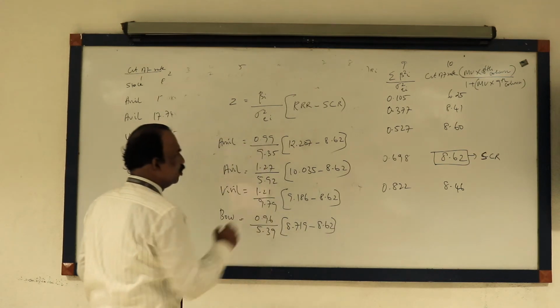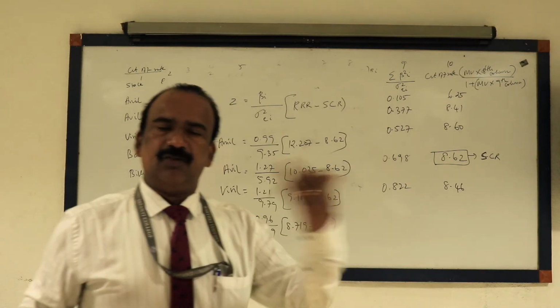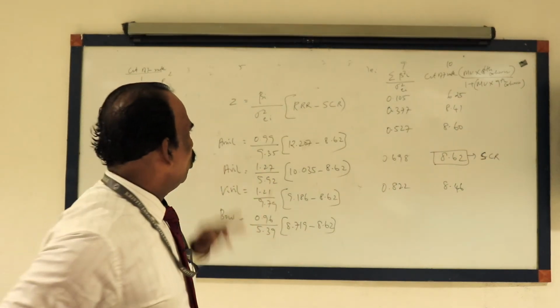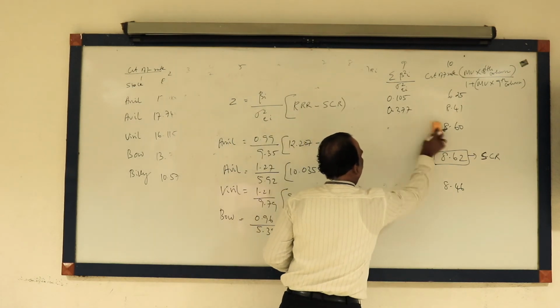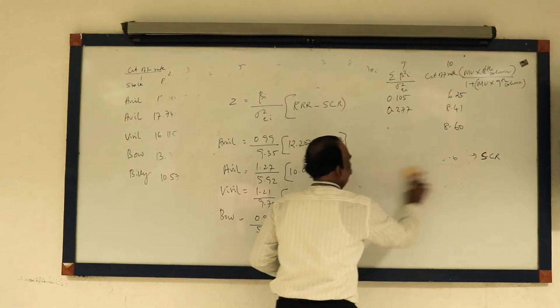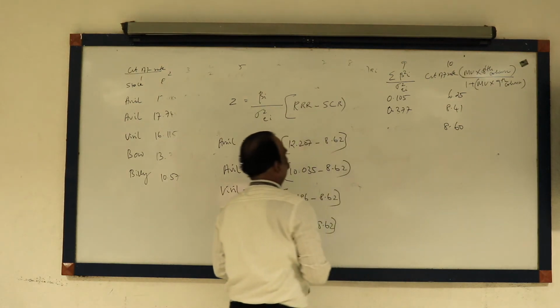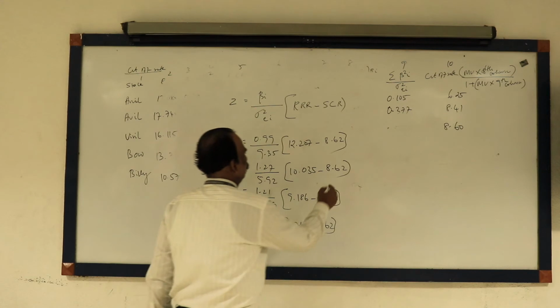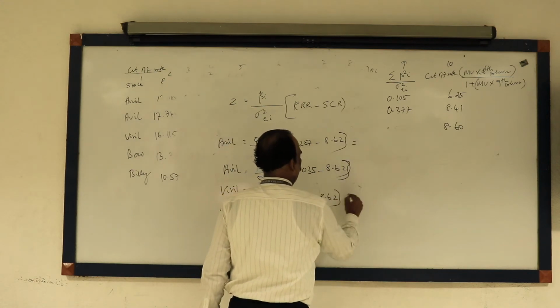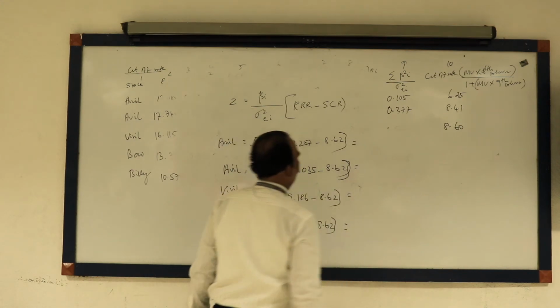When you look at all the stocks, the risk reward ratio is greater than the single cutoff rate, so you will always get a positive value. Then you add them and get a percentage. So how much comes?